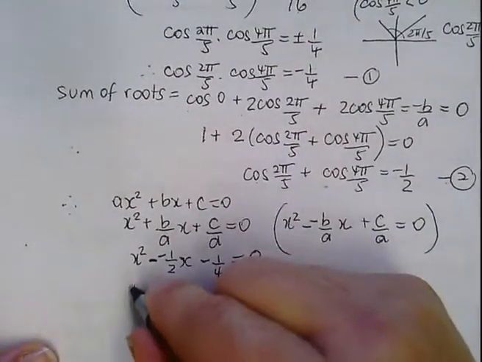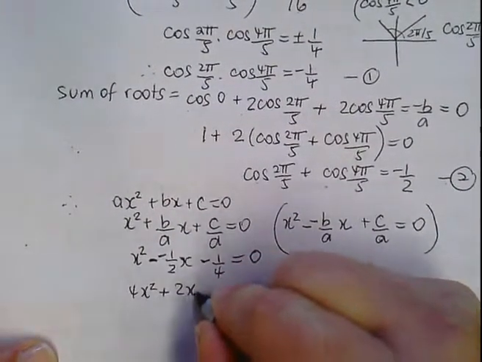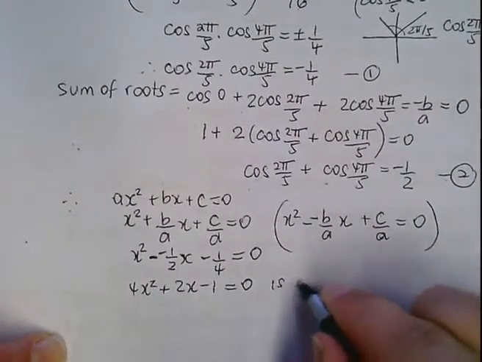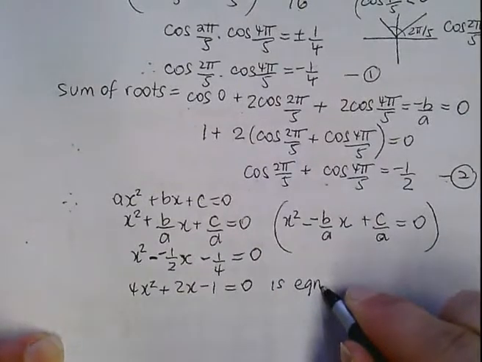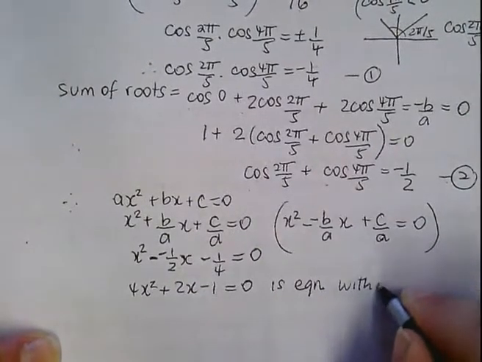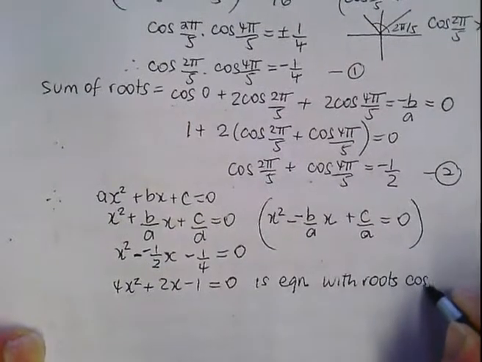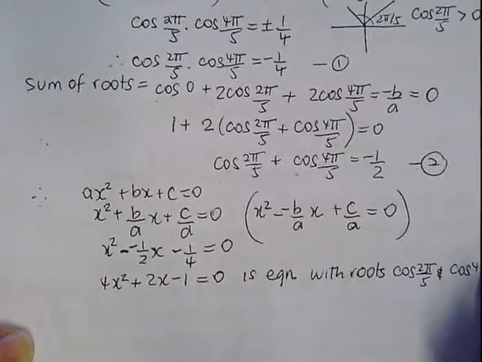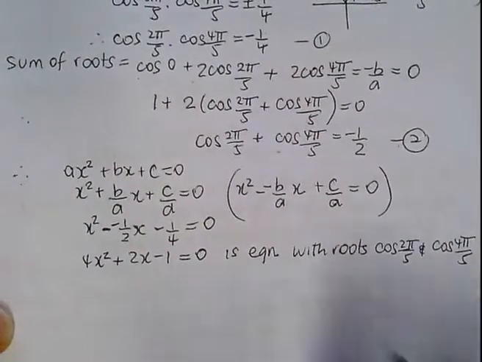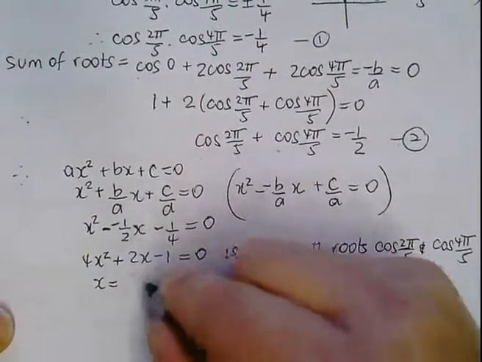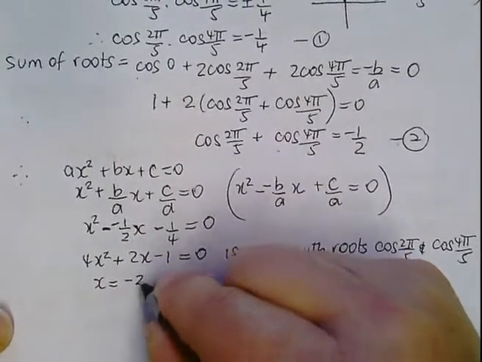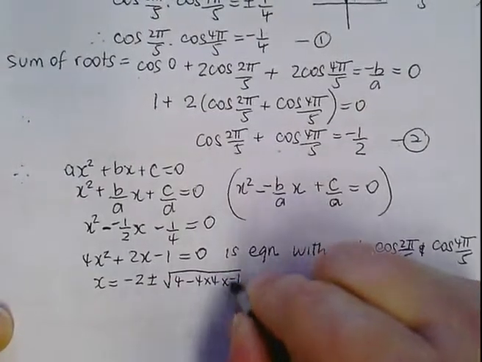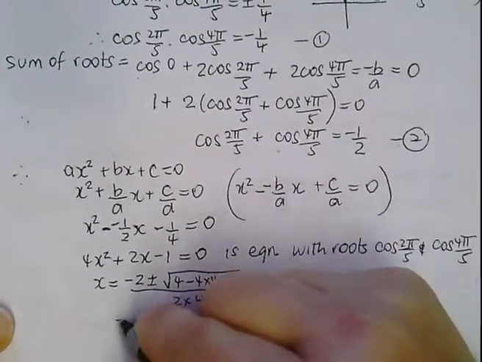Multiplying through by 4, we've got 4x squared plus 2x minus 1 equals 0. And this is the quadratic equation with roots cos of 2π on 5 and cos of 4π on 5. So solving this quadratic equation, we've got x equals negative 2 plus or minus the square root of 4 minus 4 times 4 times negative 1, over 2 times 4.